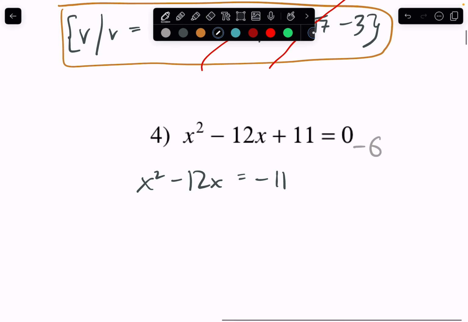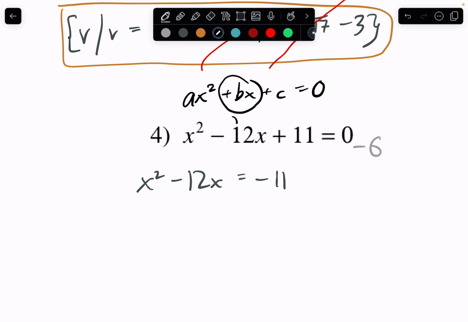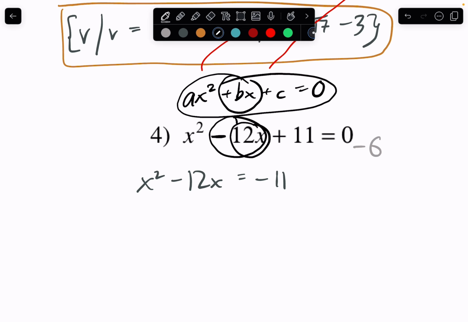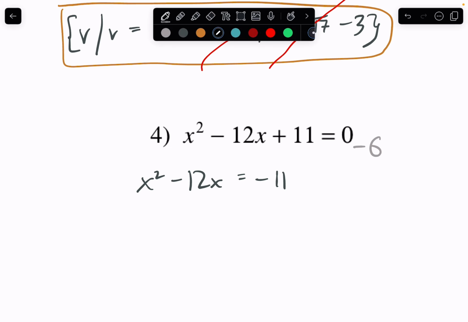Because the format of this quadratic equation is written as ax² plus bx plus c is equal to 0. So as you can see here, it basically says that the negative sign is part of the bx. Essentially, in the formula itself, there's no negative sign. So anything that's negative is specific to the given example that corresponds to the second term of that equation, which in this case is negative 12x.